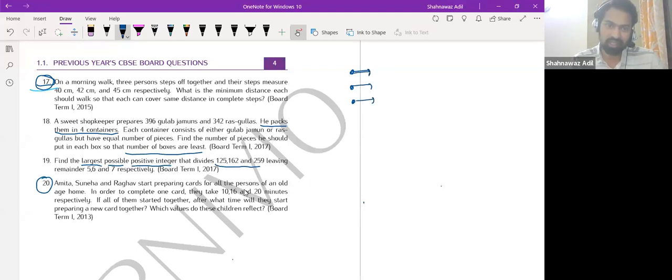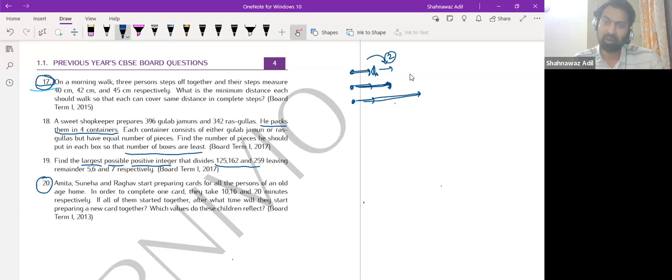But let's say that after 10 minutes, this one completes one card, and Amita starts preparing a new card, right? But at the same time, Suneha is still making that card. This one has started the second one, and this one is still making the first card, right?